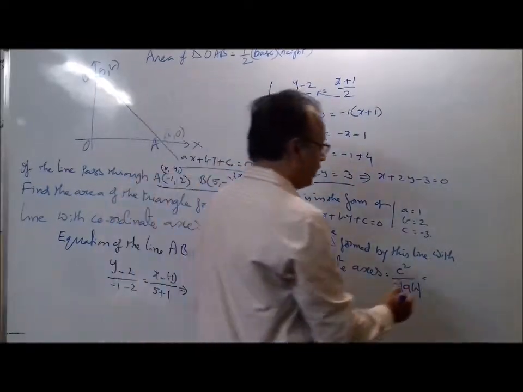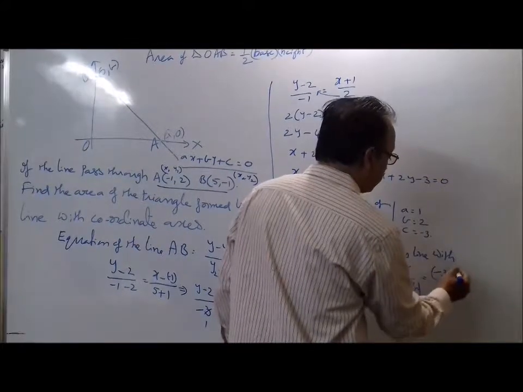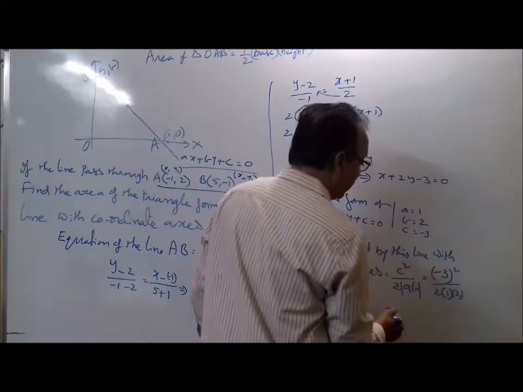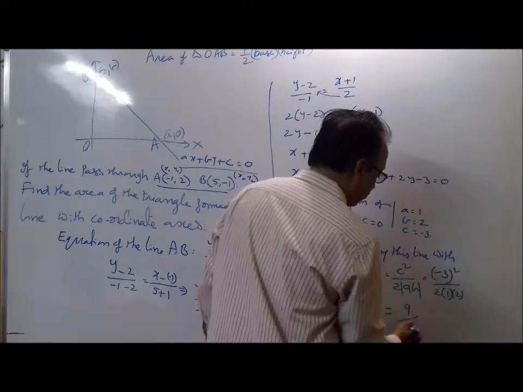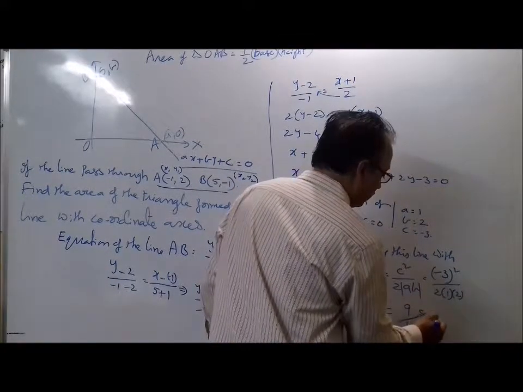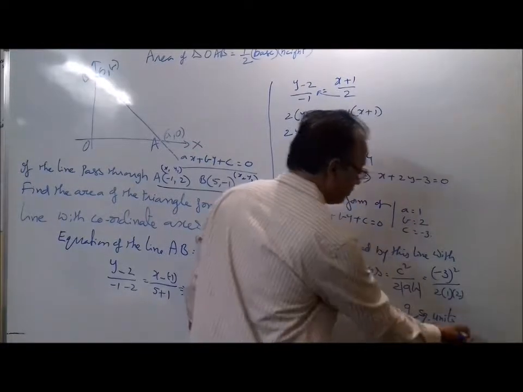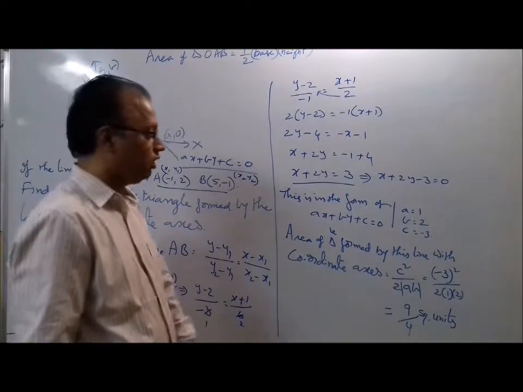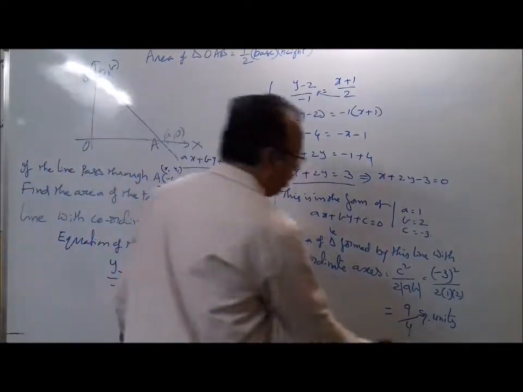That is, c is minus 3 whole square by 2 into 1 into 2. That is 9 by 4 square units. So this is the area of the triangle.